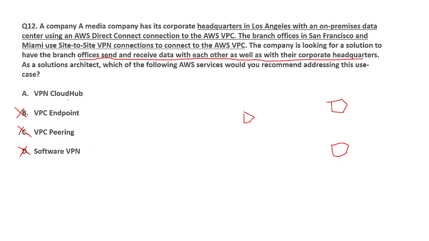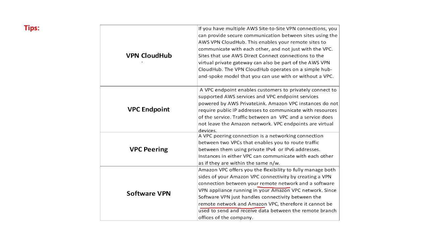Let's reveal option A. Option A says VPN CloudHub. If you have multiple AWS site-to-site VPN connections, you can provide secure communication between sites using AWS VPN CloudHub. This enables your remote sites to communicate with each other, and not just with the VPC. Sites that use AWS Direct Connect to the virtual private gateway can also be part of VPN CloudHub. VPN CloudHub operates a simple hub and spoke model.